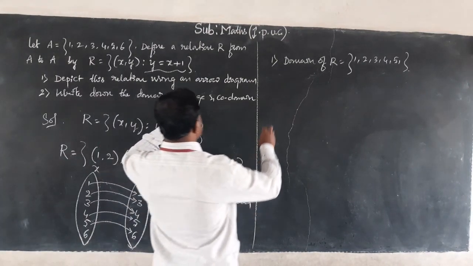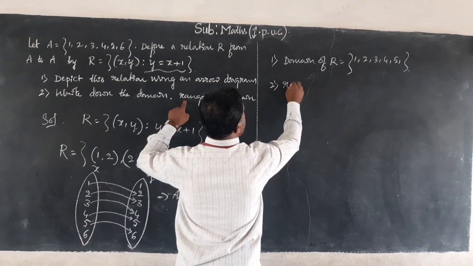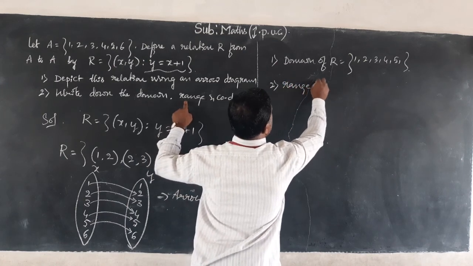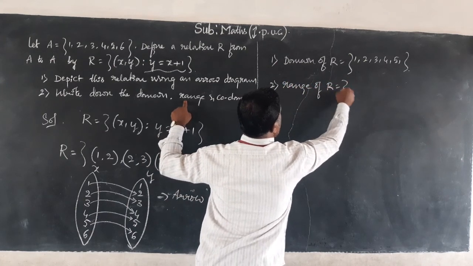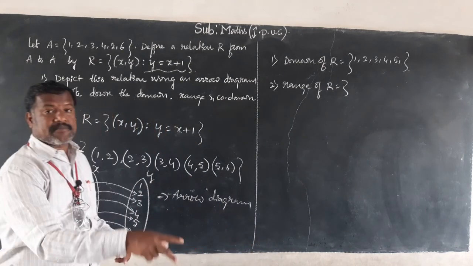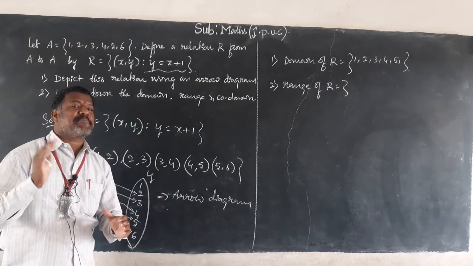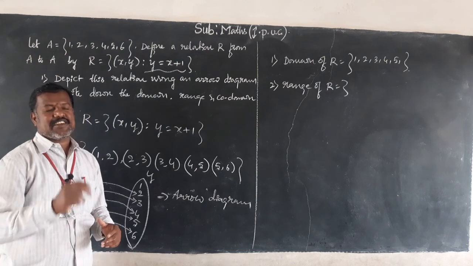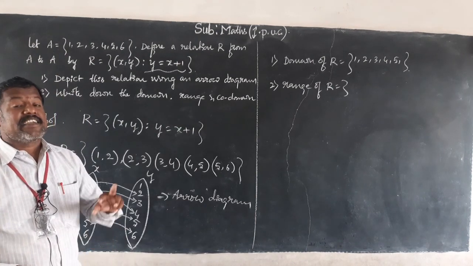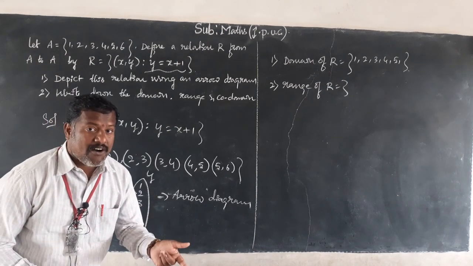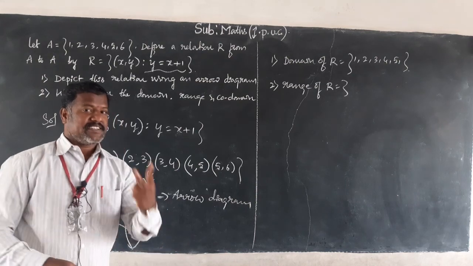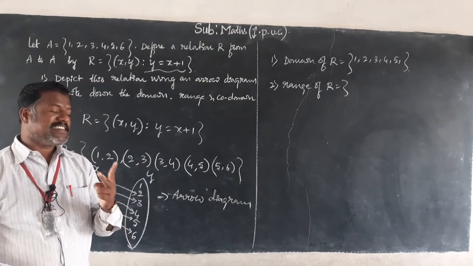Next, let us take down the second one, that is range of R. So here range is nothing but, in a relation R, the ordered pair's second elements.